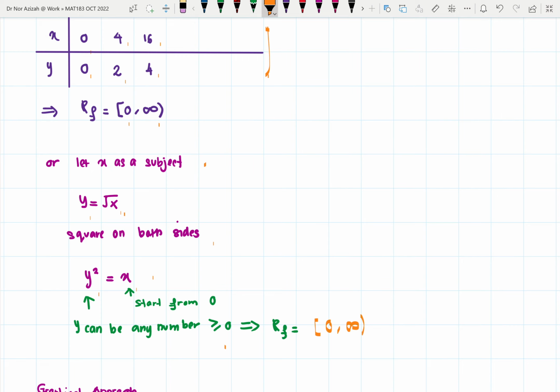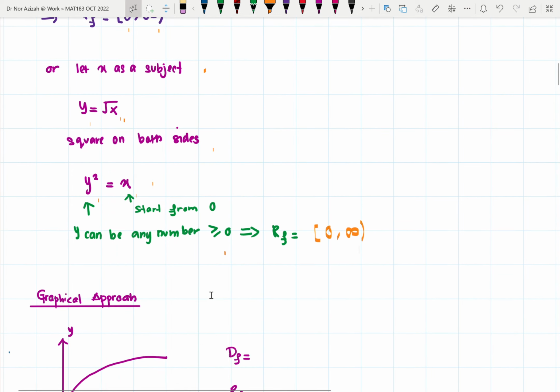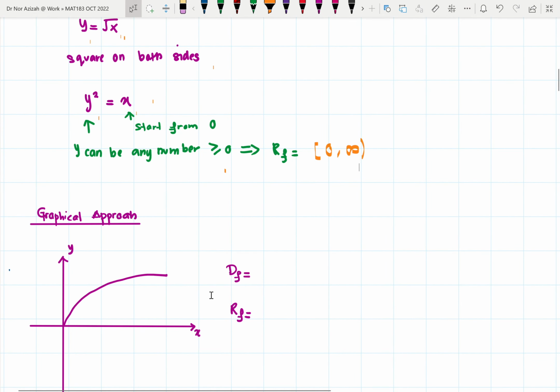Okay, by using the graphical approach, this is the graph for y equals square root of x, or x equals y squared. So it starts from 0 here. If you have x equals y squared, it will be open to the right.